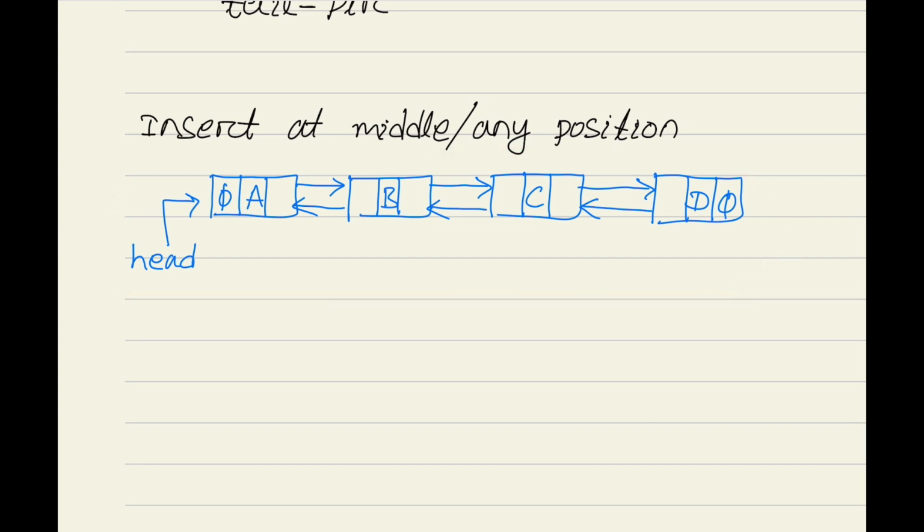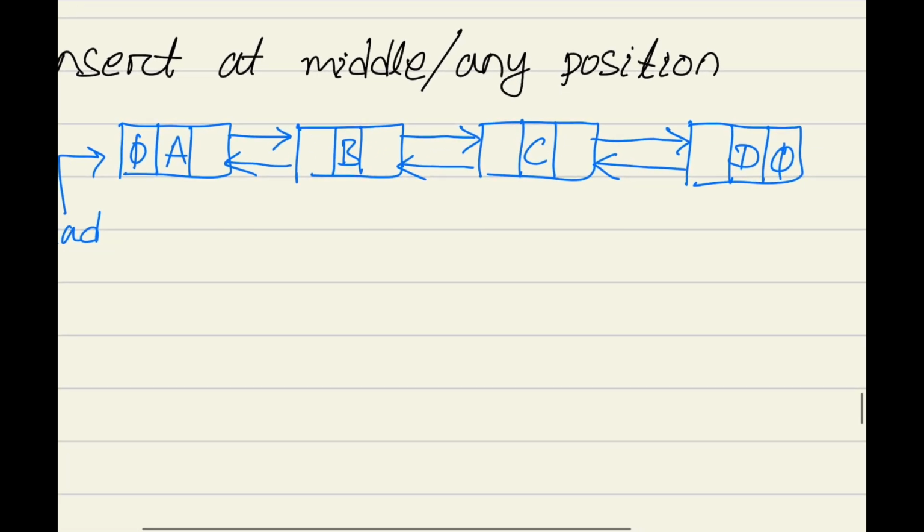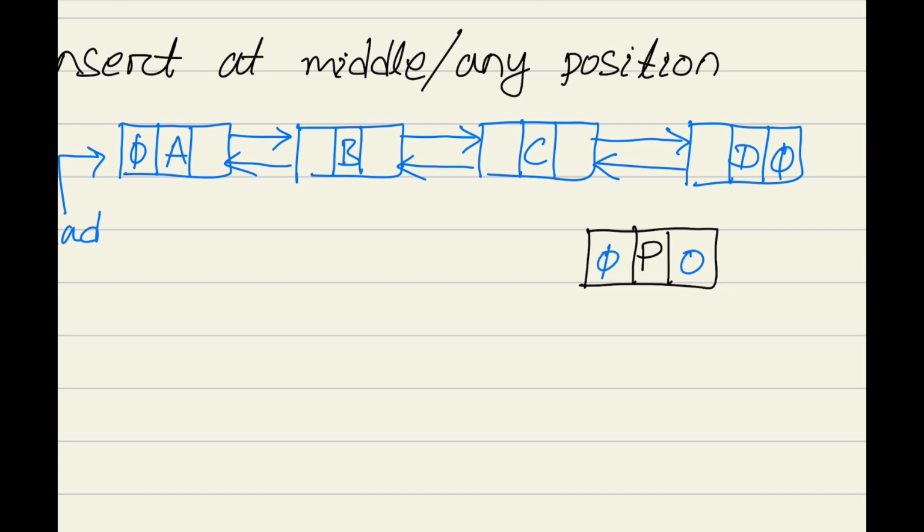Now we want to insert a node at the middle, that means here we want to insert a node that is after C. So let the node be P. So first create the new node. So when we create the new node, both the previous and next reference are null.